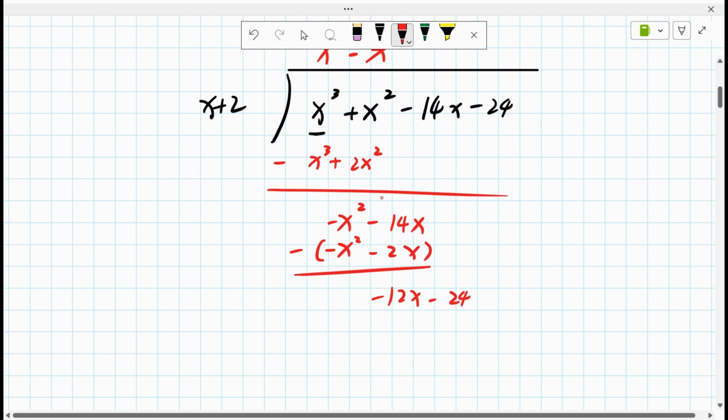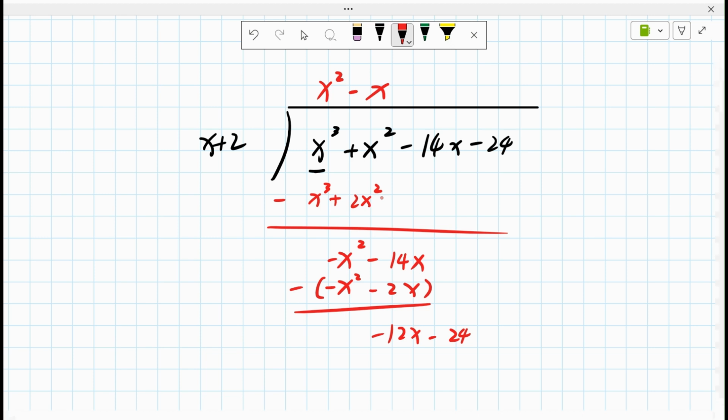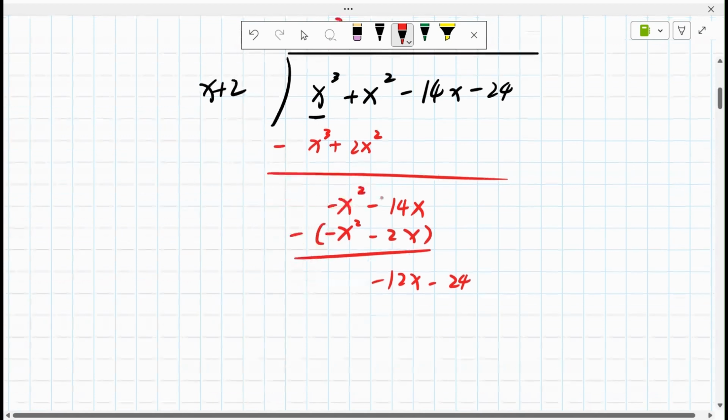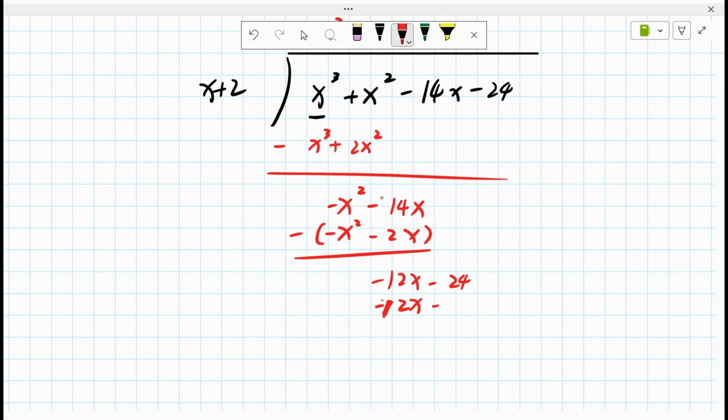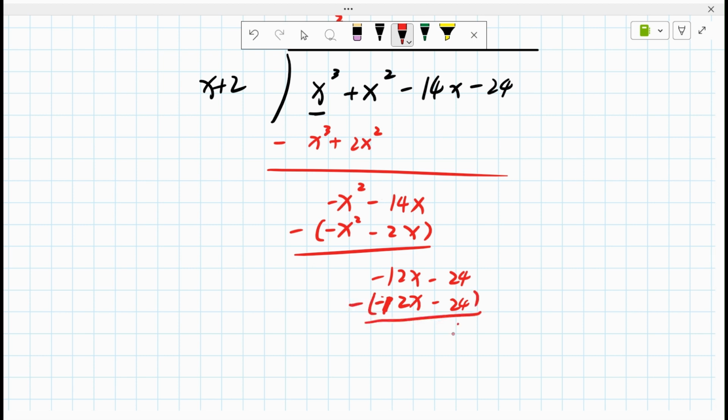Because that's minus 12x, x plus 2 times something equals minus 12x, that could be minus 12. So minus 12 times x is minus 12x, and minus 24. If I apply the minus in front, that becomes 0. So your remainder becomes 0.